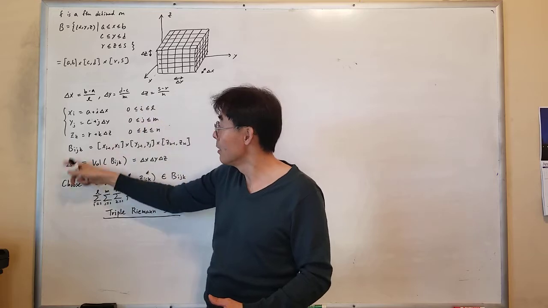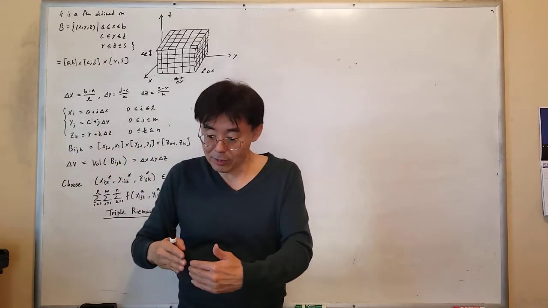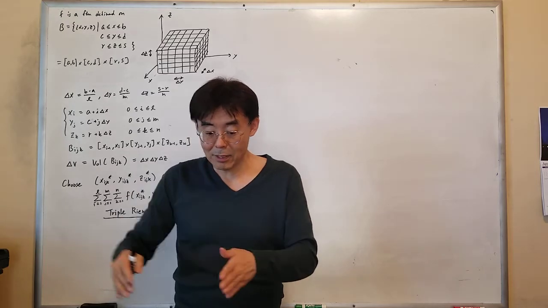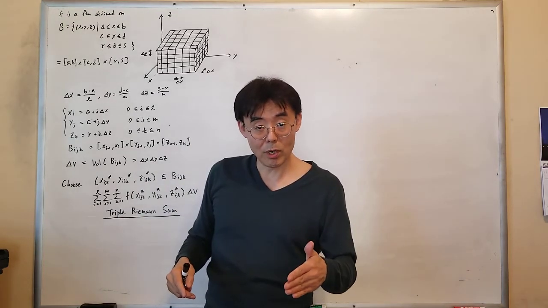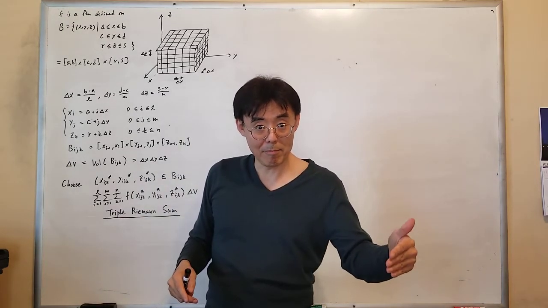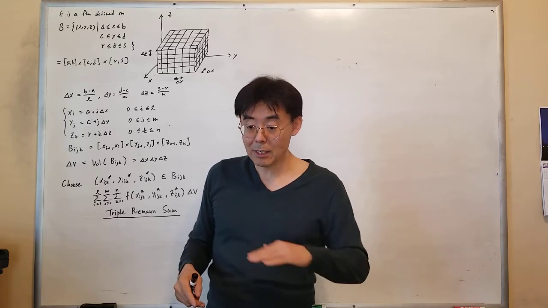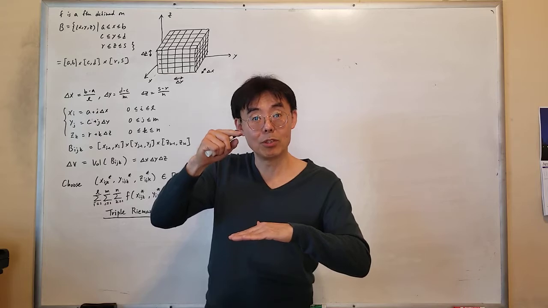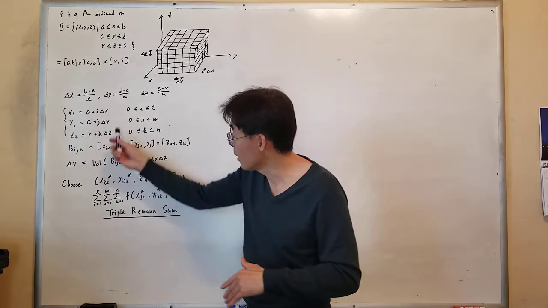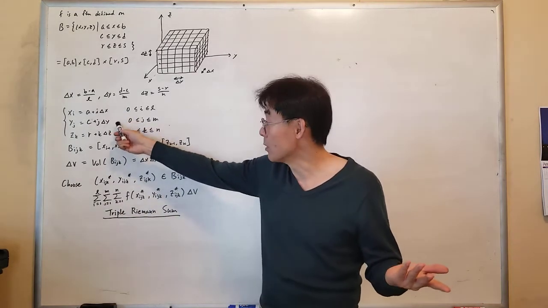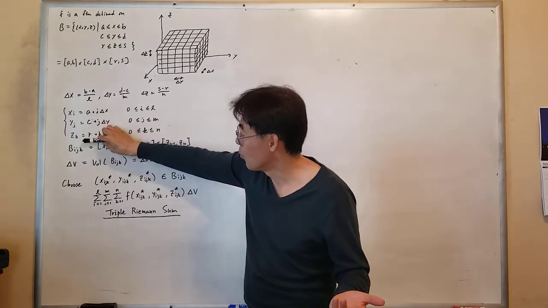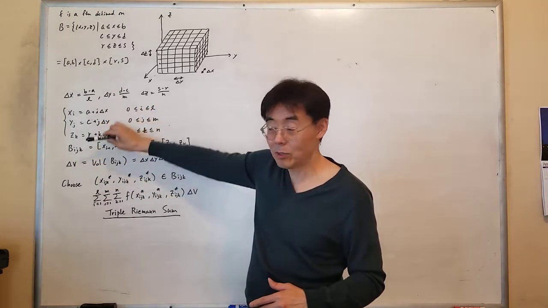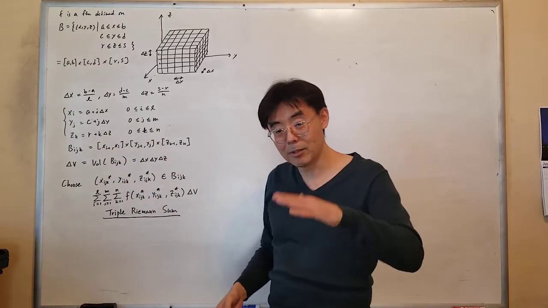Then we consider x0, x1, x2 all the way to xl from a to b; y0, y1 all the way to ym equals d; and from z0 equals r all the way to zn, which is equal to s. So these are the typical ones, you just add one more. In the double integral you have xi, yj. Now you have zk along z.